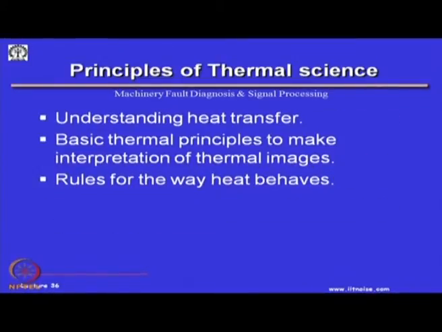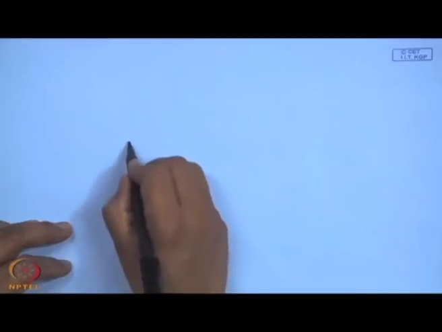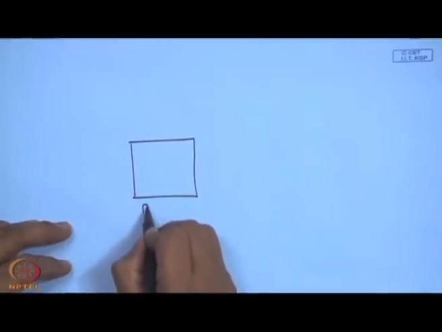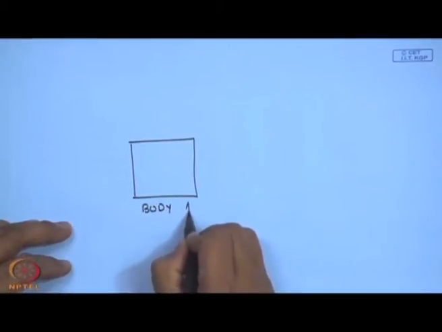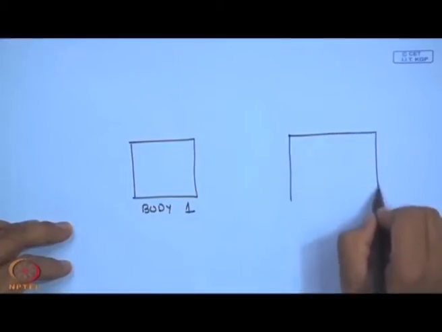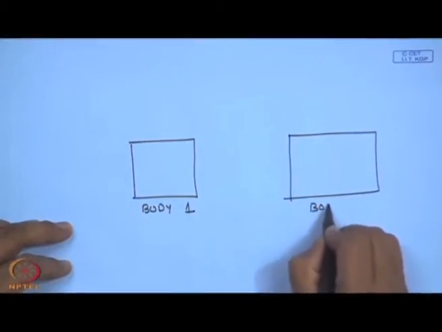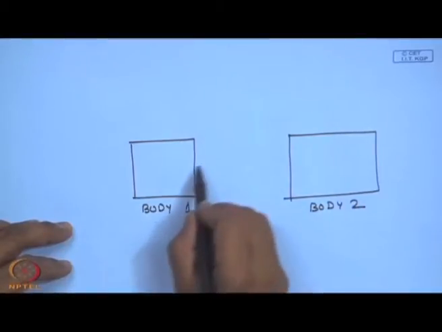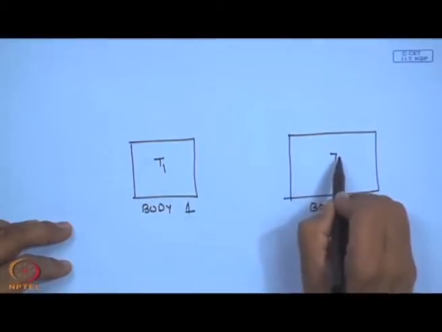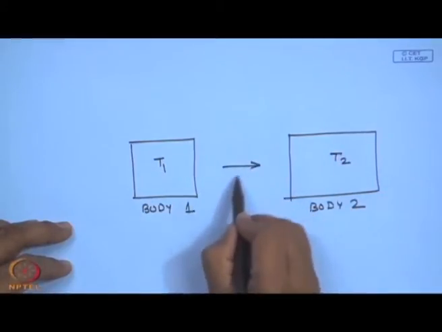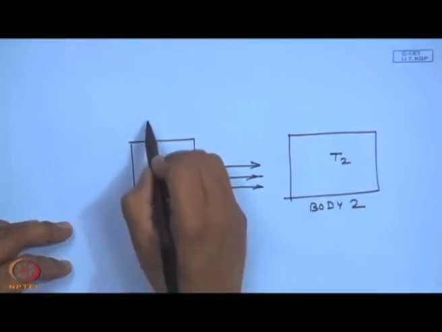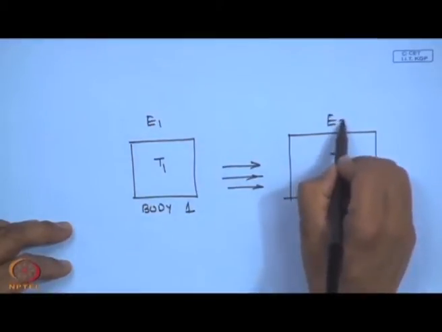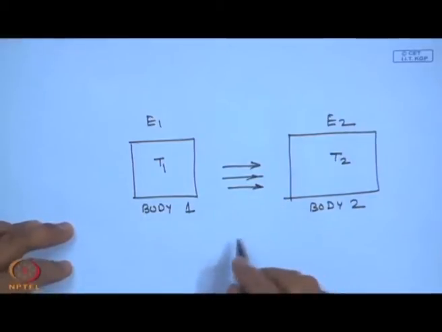Now, certain basics of heat transfer. Suppose I have one body here, body 1, and another body 2. There are many modes of heat transfer. If this is at some temperature T1 and this is at some temperature T2, maybe this one has higher energy than that. Some sort of energy transfer occurs, so that these bodies are in thermal equilibrium.